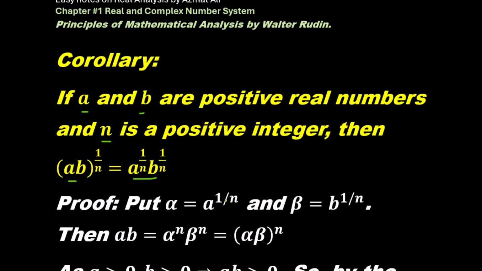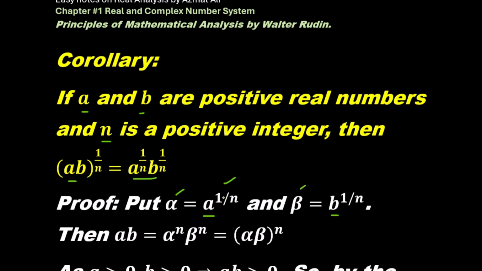To prove, we suppose that the nth root of A, as A is a positive real number and n is a positive integer, so it must be that its nth root exists. Suppose its nth root is alpha and the nth root of b is beta.